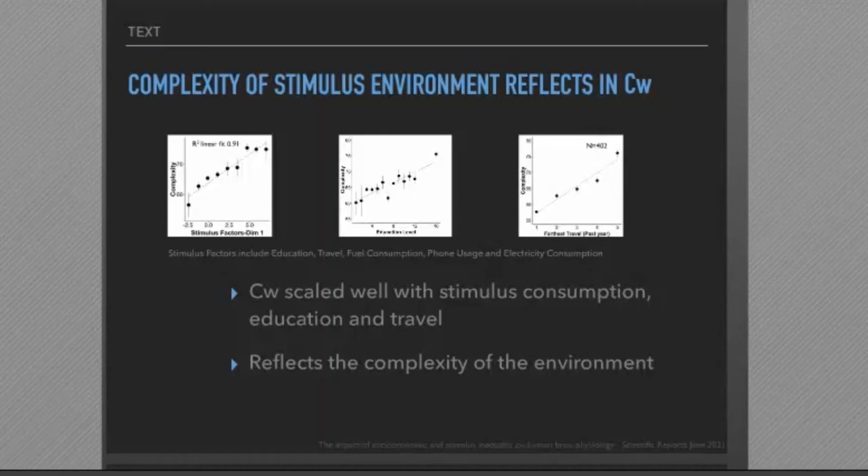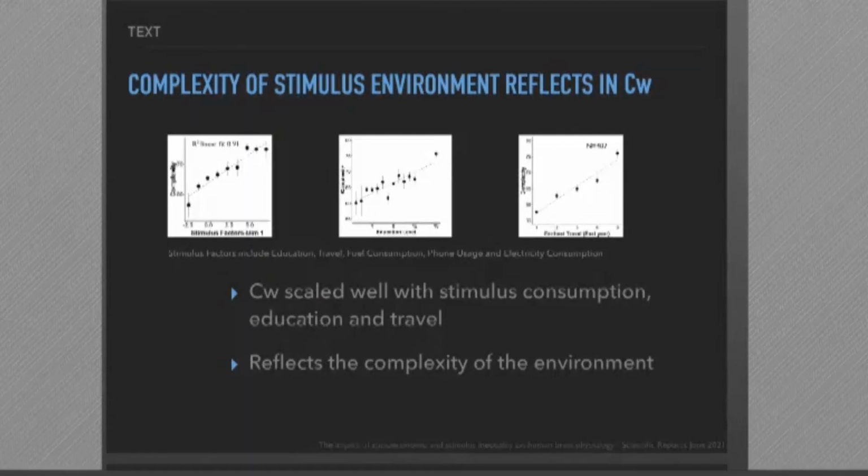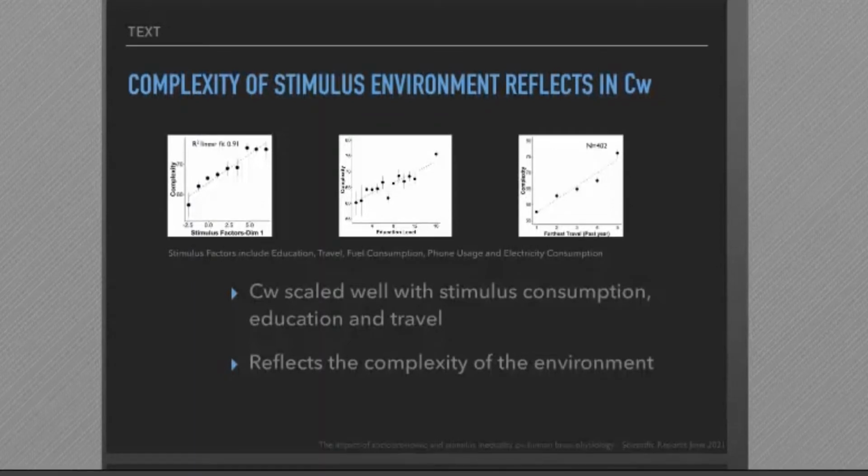So the more complex your environment is, the higher the complexity of your EEG signal. And here, this stimulus factor is essentially the principal component formed from years of education, travel patterns, fuel consumption, phone usage, and electricity consumption.